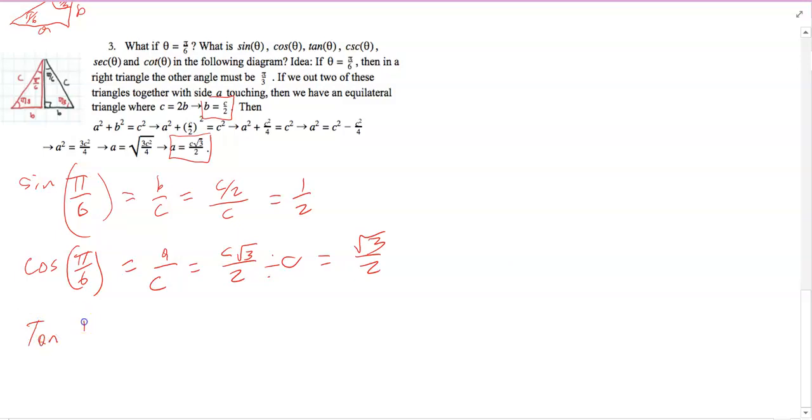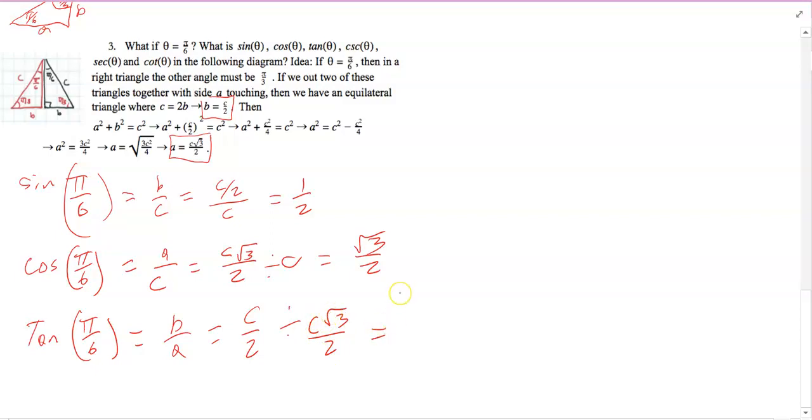Tangent of pi over 6 will be equal to B over A. So that would be C over 2 divided by C radical 3 over 2.